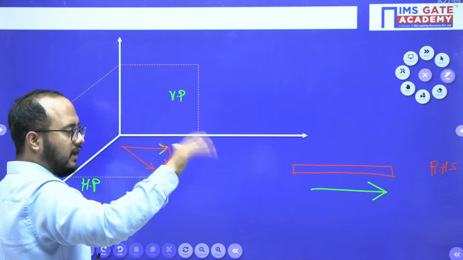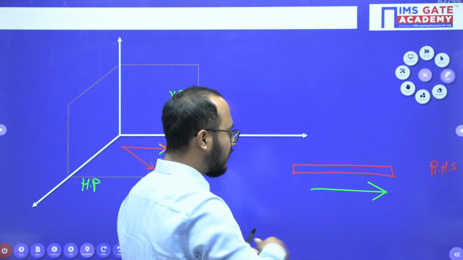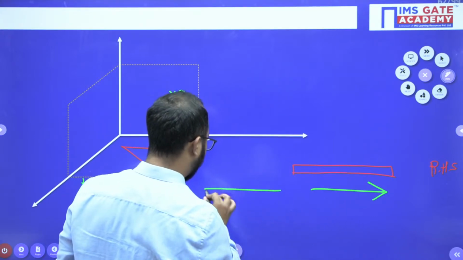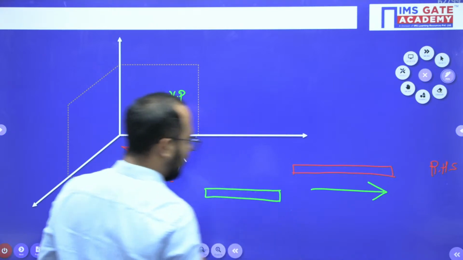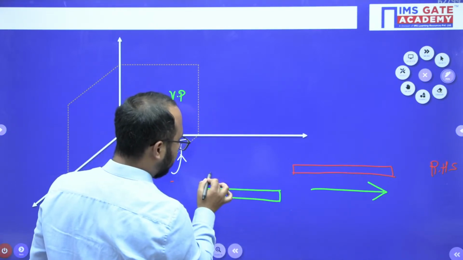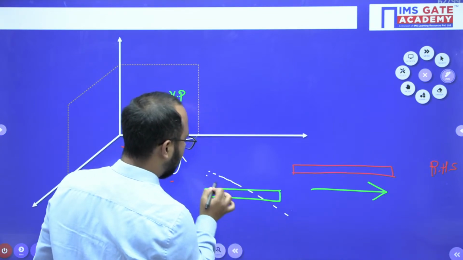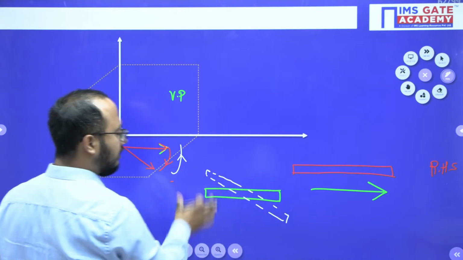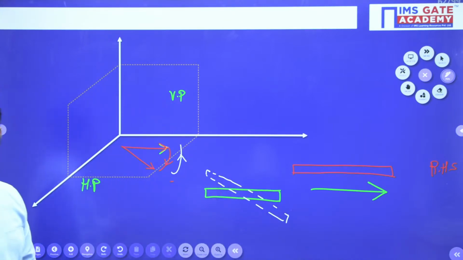So what will happen to this shaft? Initially the shaft was like this. Try to understand. Now because of this reactive gyroscopic couple, it will be like this. The front part goes down, the rear part goes up. Why is it so?